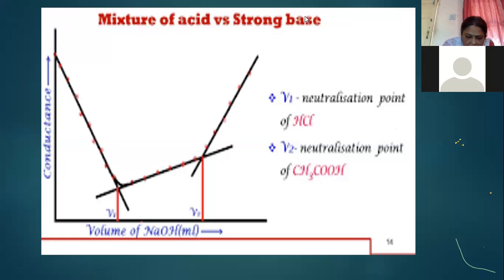First you go through the experiment, and I will come back very quickly. Just go through the experiment to understand what is happening when we are titrating an acid mixture against a strong base.